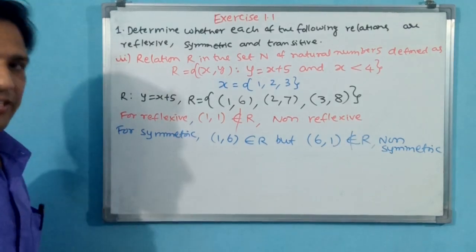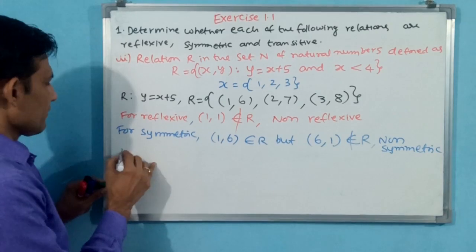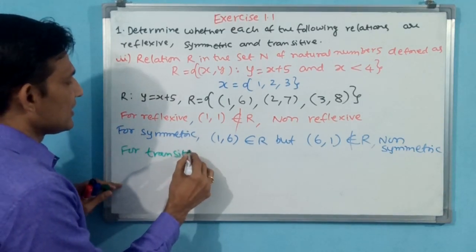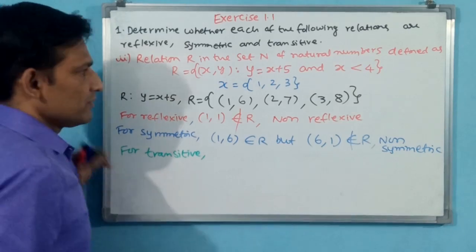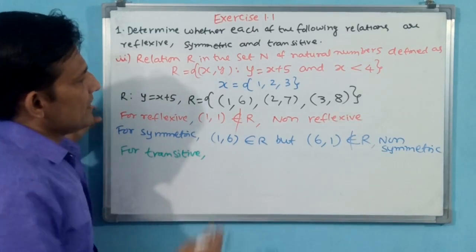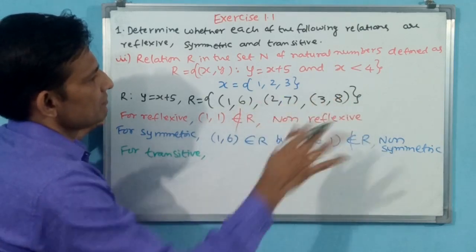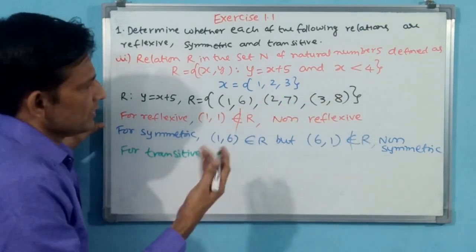Now we see for transitive also. For transitive. Here 1 comma 6 is there, but from 6 to something, nothing is there. Okay, we write like this.